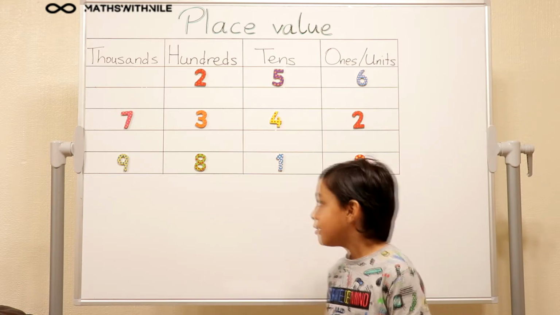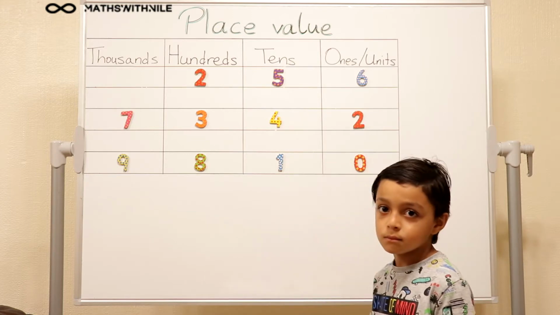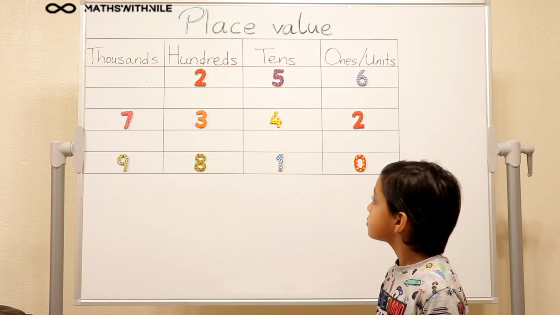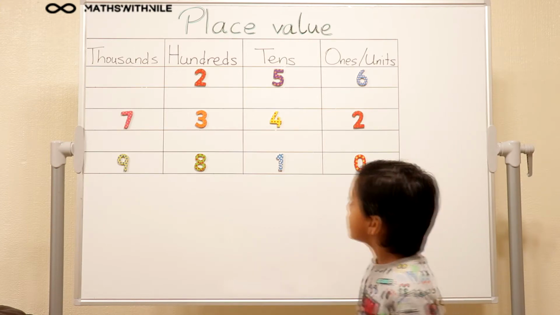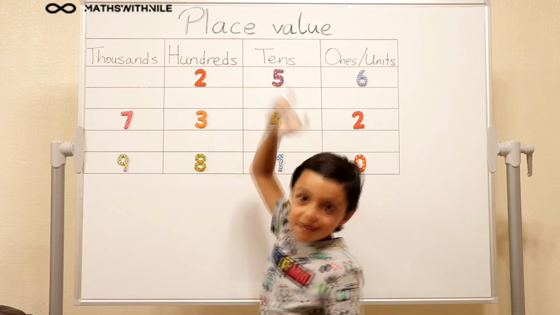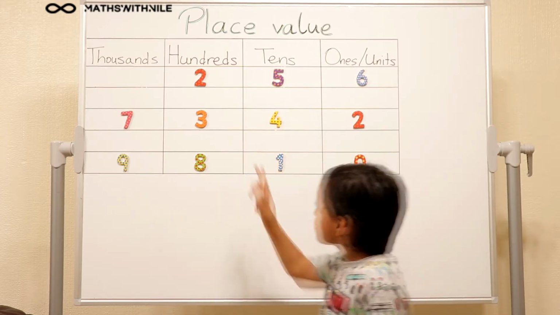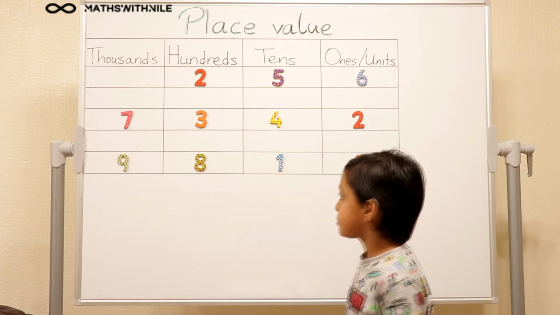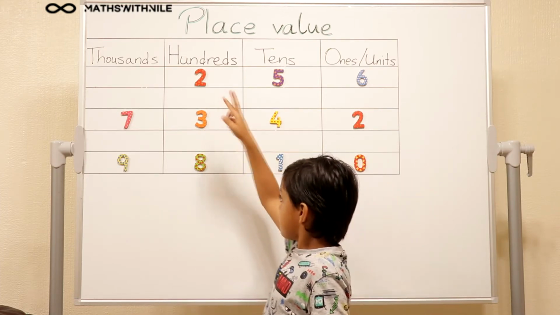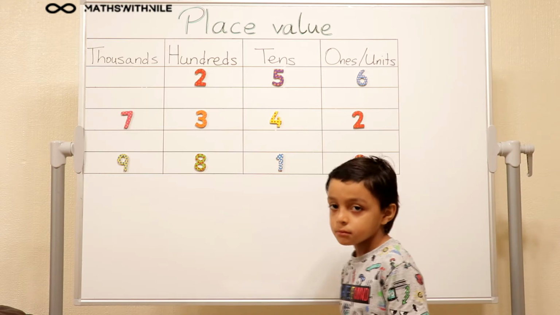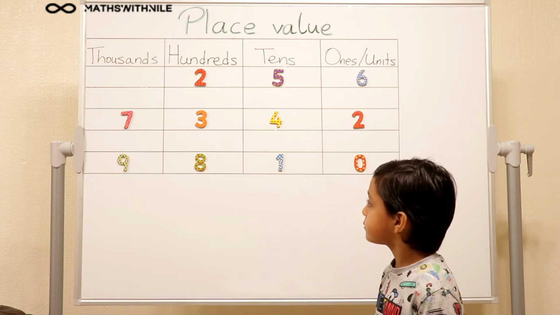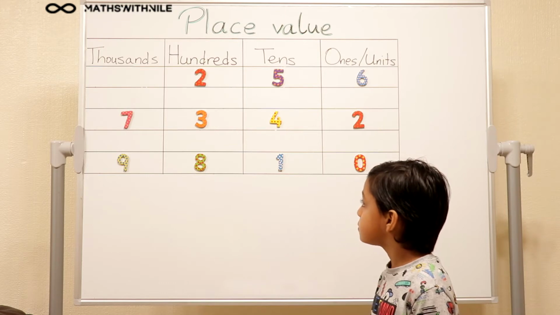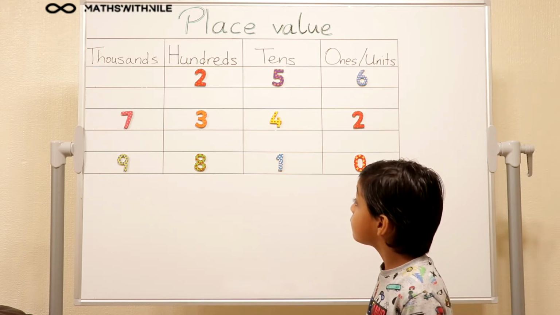Which of those numbers have the least amount of hundreds? This one, the top one again. How many hundreds? 200. And the other 2? 300 and 800.